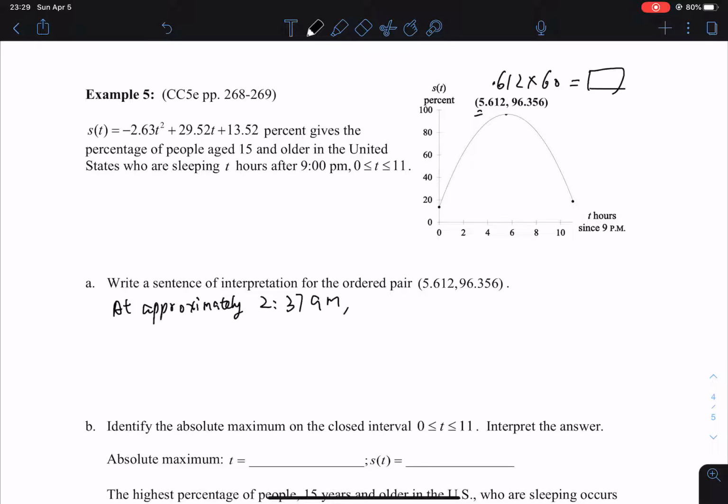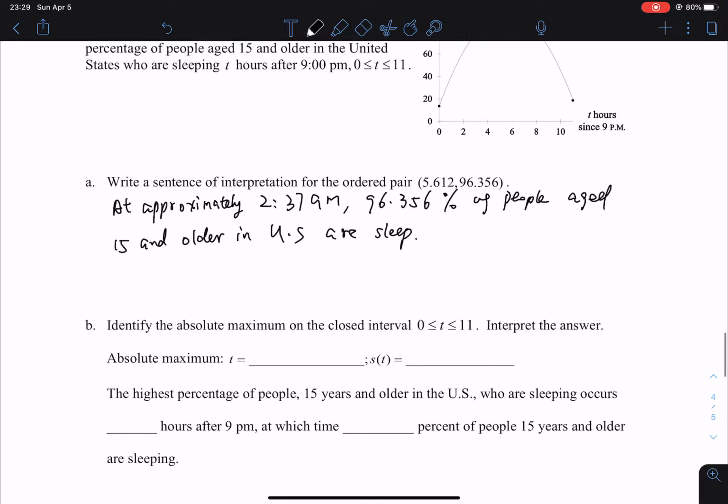This is the input. And the output means the percentage of the people, so just say 96.356% of people aged 15 and older in the United States are sleeping. Alright, this is about the interpretation.